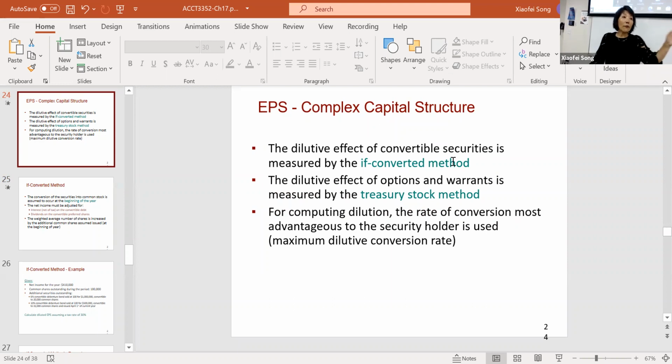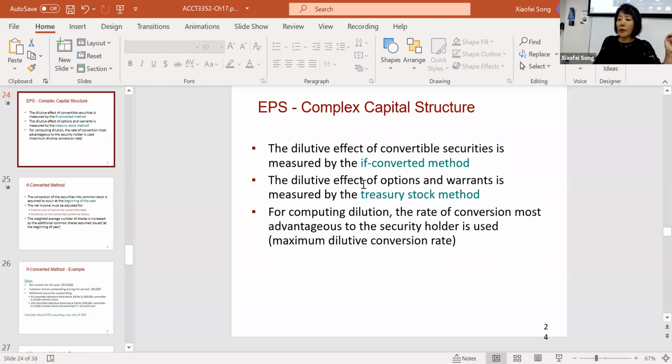We assume the conversion happened at the beginning of the year, or, if the securities were issued during the year, as soon as they were issued, so the earliest possible date.